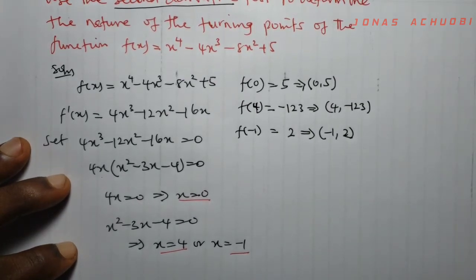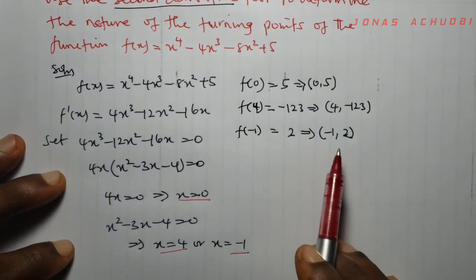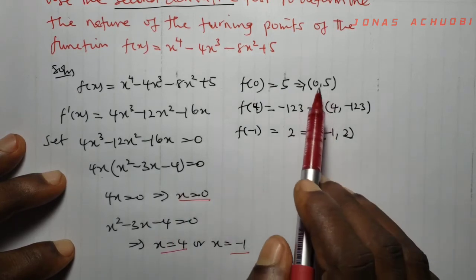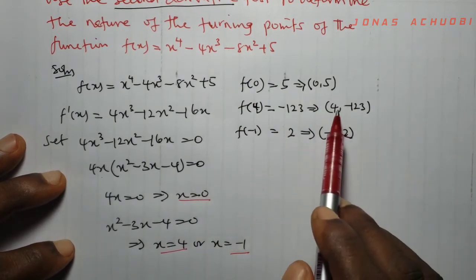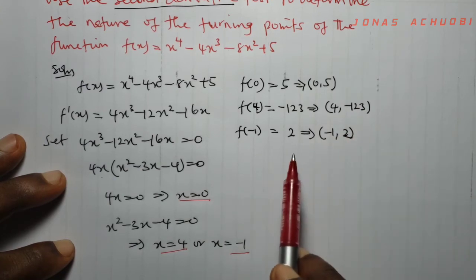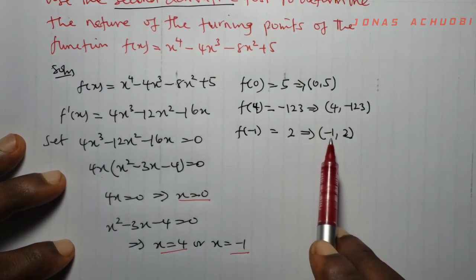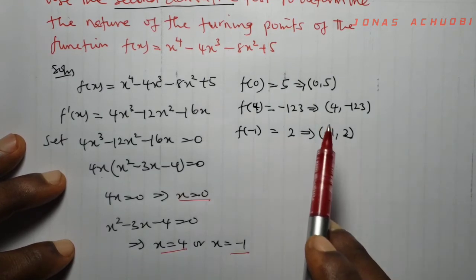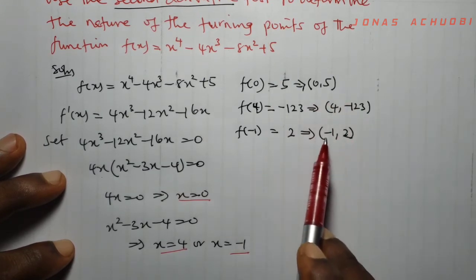So we now have 3 critical points corresponding to the 3 critical values we obtained earlier. The turning points are (0, 5), (4, -123), and (-1, 2). The next thing is, what is the nature of these critical points?